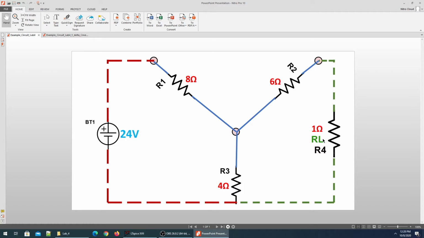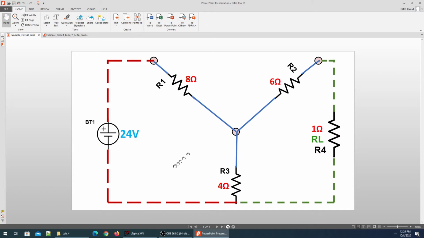Once that's completed, the next step is very similar. We'll quickly find the Norton equivalent of the circuit, connect it in the Norton network fashion, and verify the power dissipated by the resistance as well as the voltage. So these are the four different tasks that we are going to complete today.